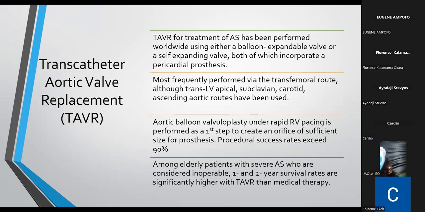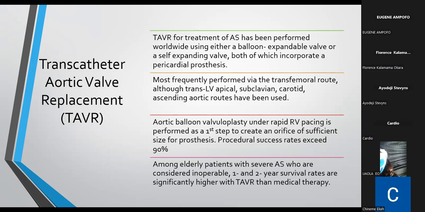TAVI, that is transcatheter aortic valve replacement, is best performed using either balloon expandable or self-expanding valves, both of which incorporate a pericardial prosthesis. Most frequently performed via a transfemoral route, although trans-LV apical, subclavian, carotid, and axillary routes have also been used.